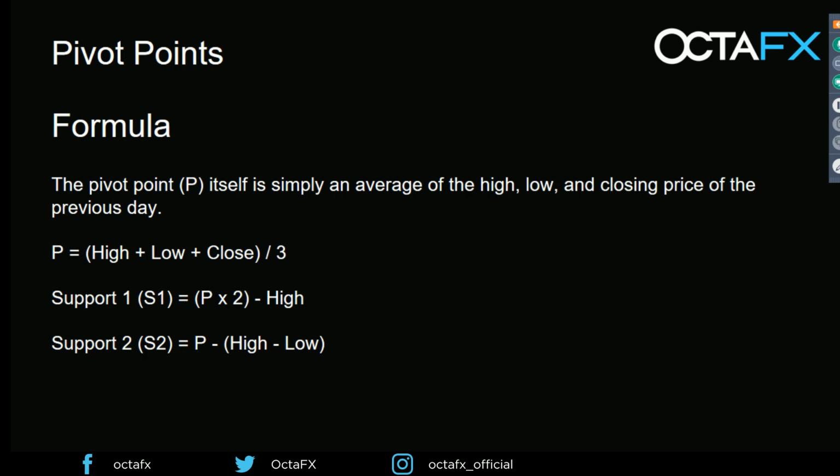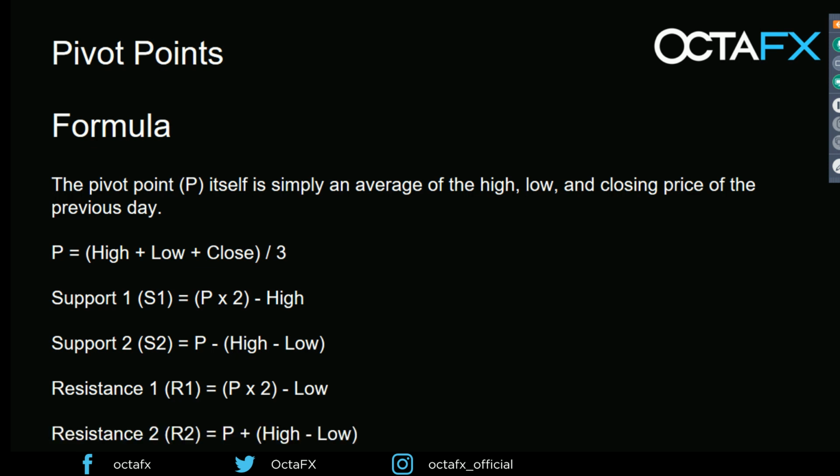S2, support 2, that's the support beneath S1, is the pivot minus the high minus the low. The first resistance, R1, is the pivot times 2 minus the low, and R2 is the pivot plus the high minus the low. So fairly straightforward calculations, and thankfully we don't have to do these manually anymore.